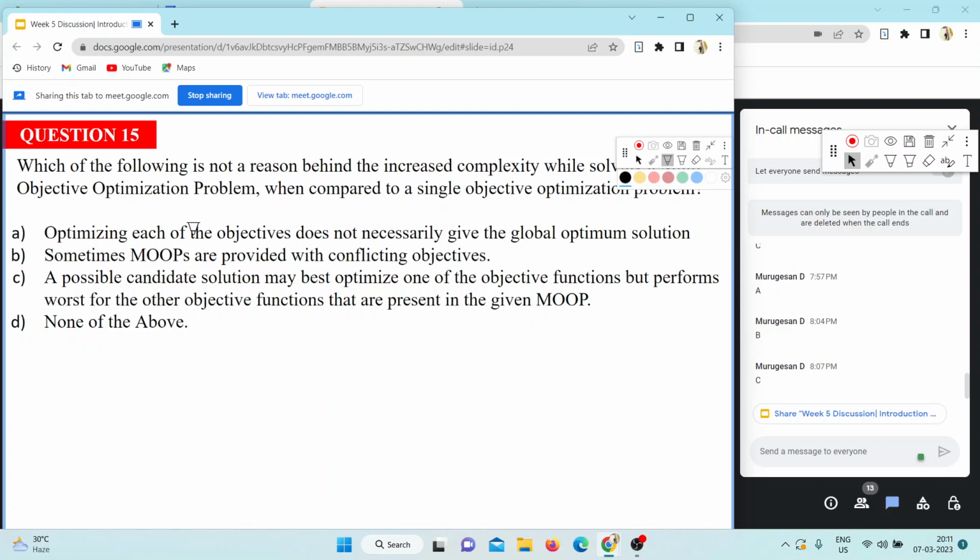C is a possible candidate solution may best optimize one of the objective functions but perform worst for other objective functions present in the given multi-objective optimization, and D is none of the above. So any guesses for this? Guys, any guesses for this question?